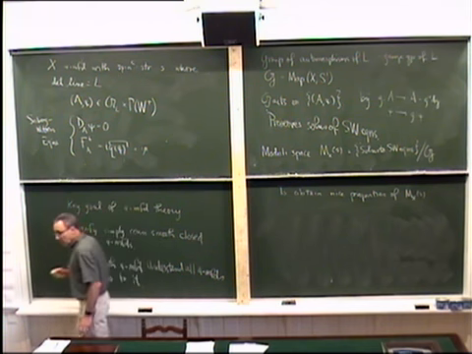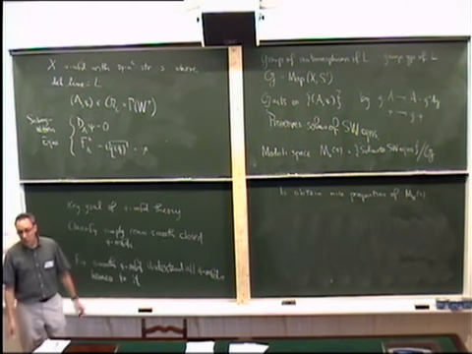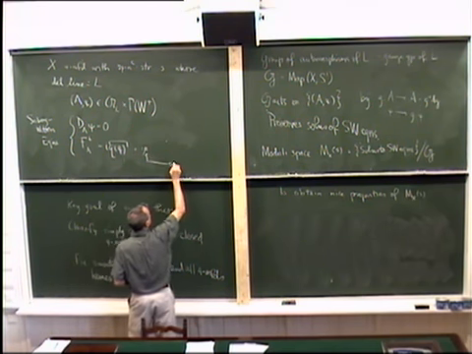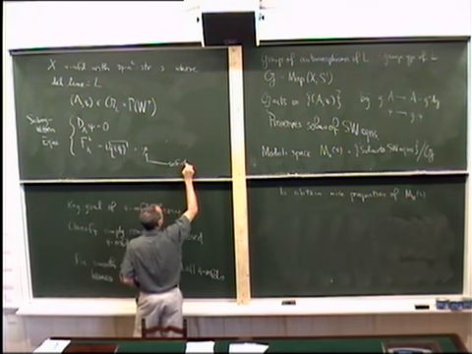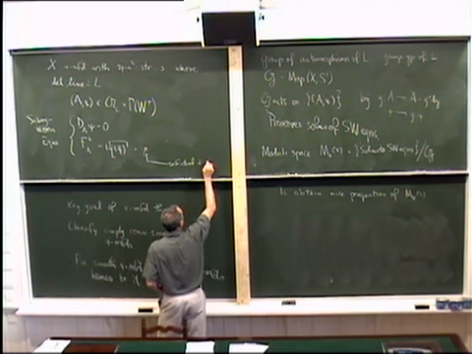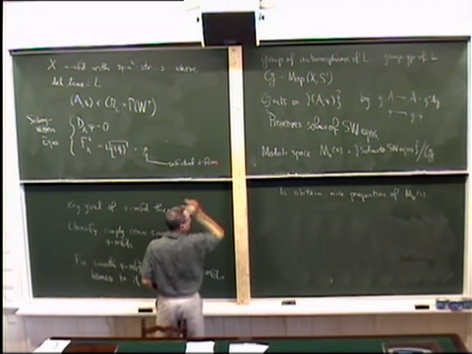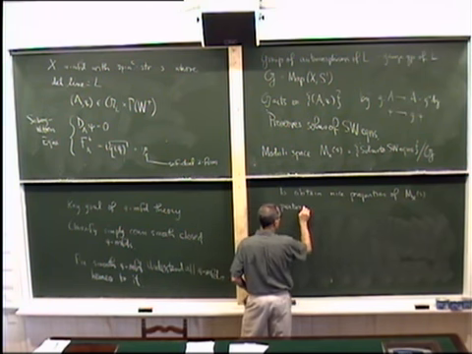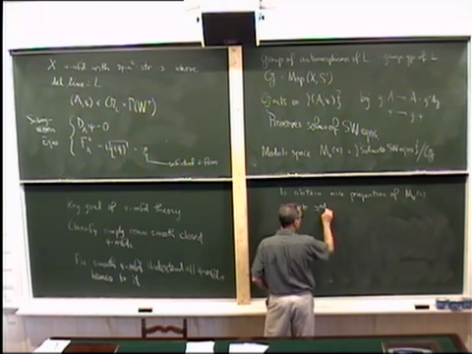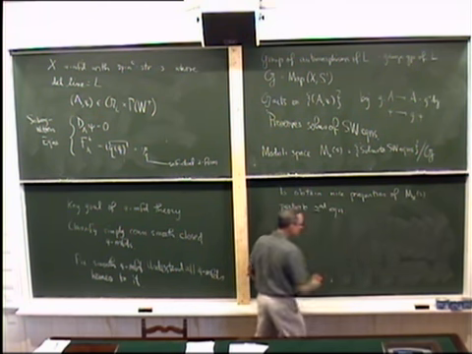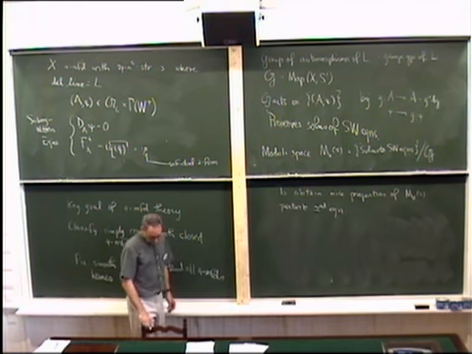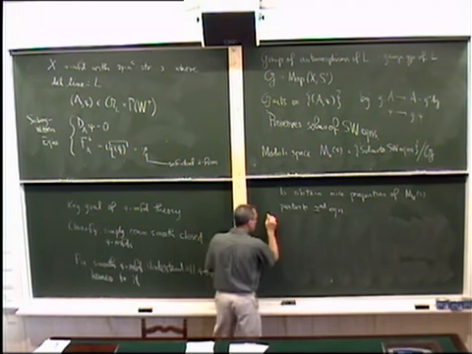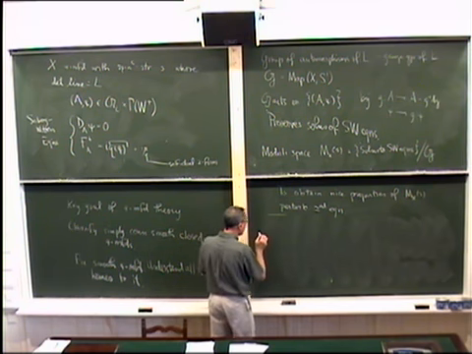Let's call it mu, where mu is just some self-dual two-form. And now, so now the first nice property.